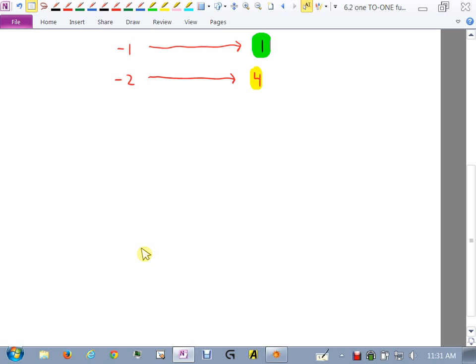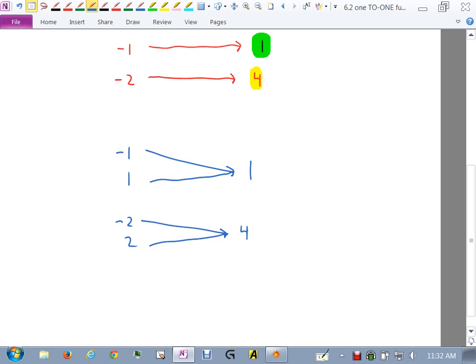So let me draw it in a different way that might make a little more sense. -1 and 1 both go to the same value of 1, don't they? And -2 and 2 both go to the same value of 4. Do you see that? This is not a one-to-one function. In a one-to-one function, every single input goes to exactly 1 unique output, and the next input that you have will go to a different output.